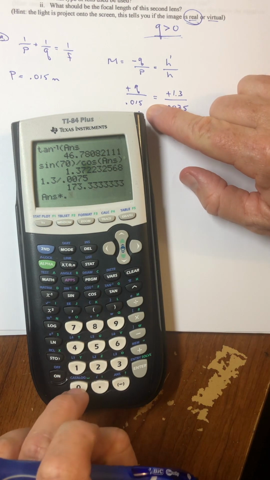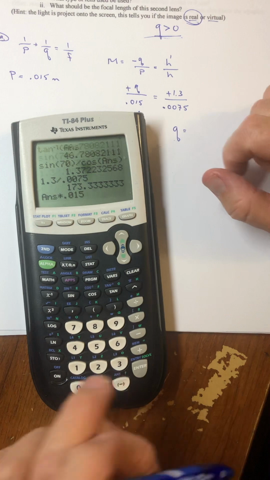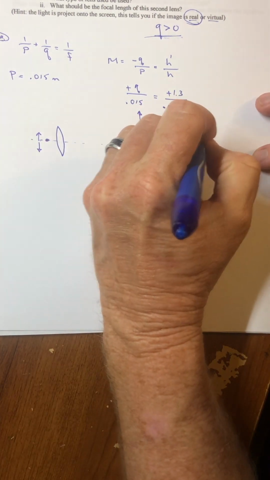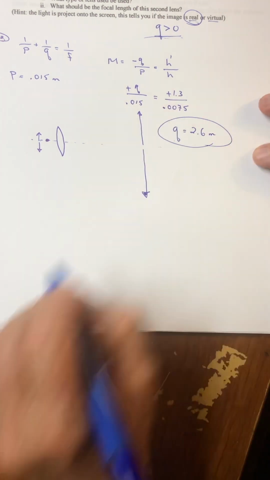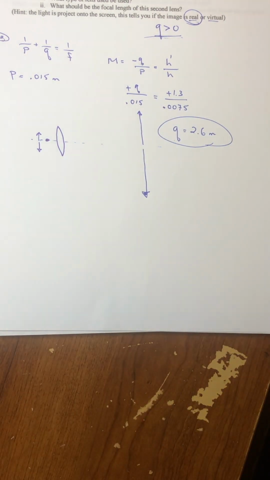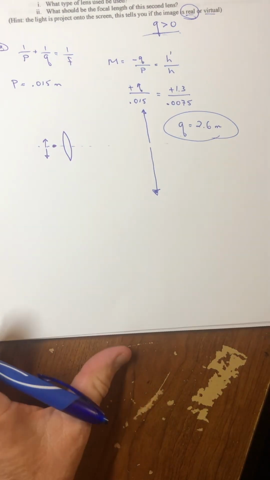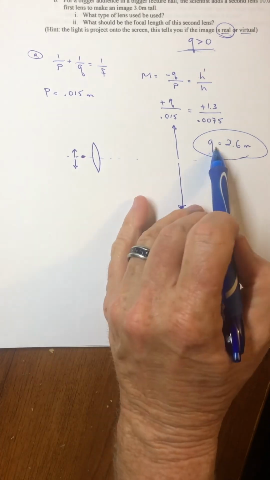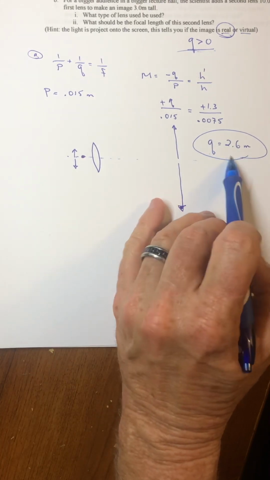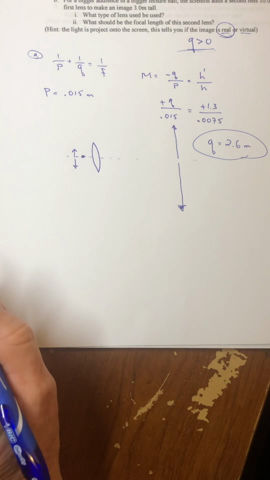Of course, then multiplied by the P gives me 2.6 meters. So all of this should be done so that the screen is 2.6 meters away from the lens.